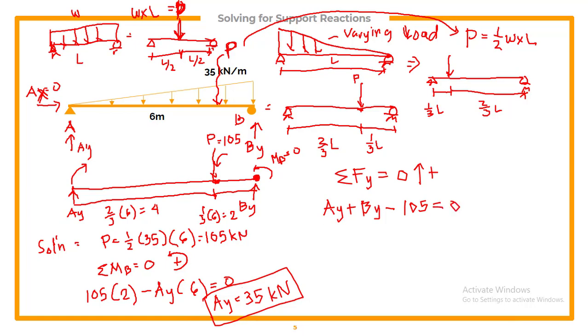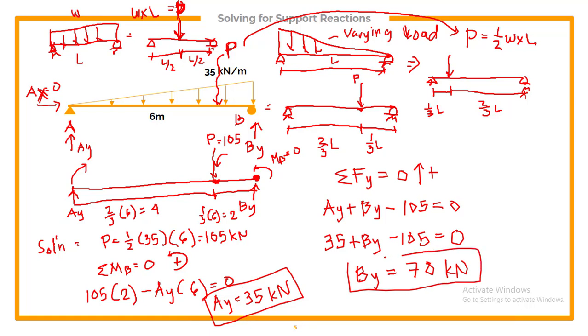Since Ay is 35, 35 plus By minus 105 equals 0. Therefore, By is 105 minus 35, so that is 70 kilonewton.